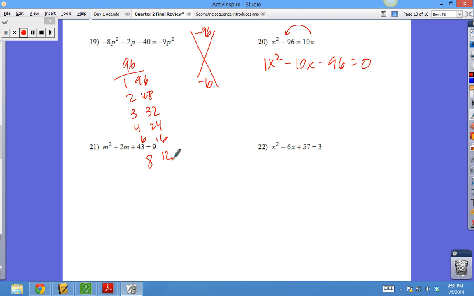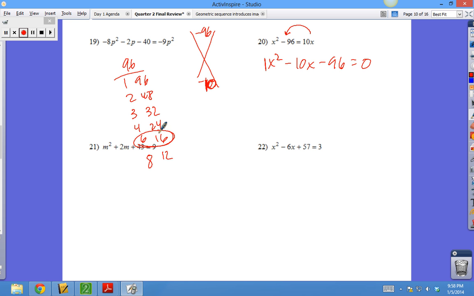Now, I've got to get a negative 10. Alright, pretty sure we can get it right here. So it is going to work. I was hoping it would not work.